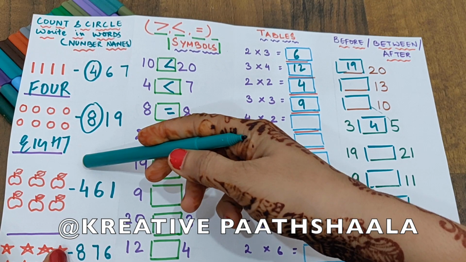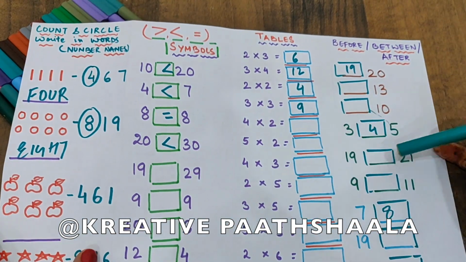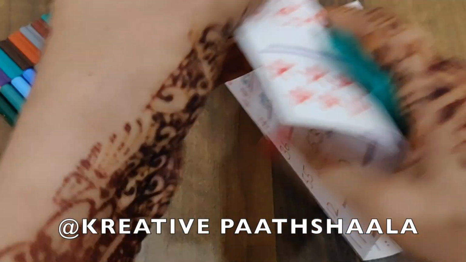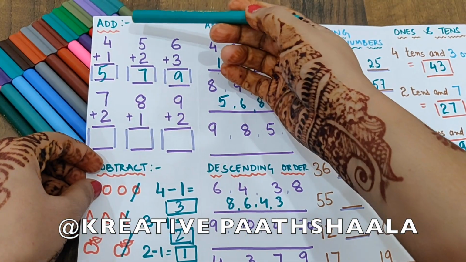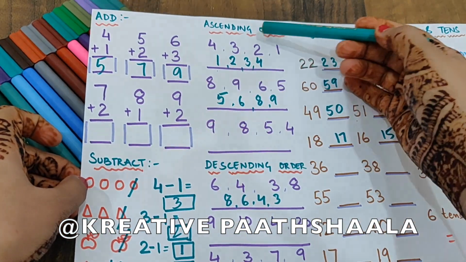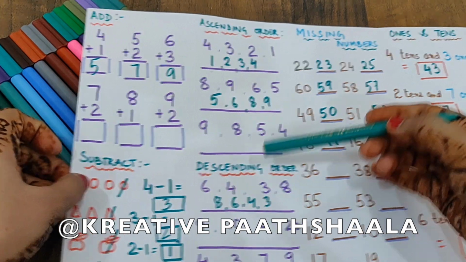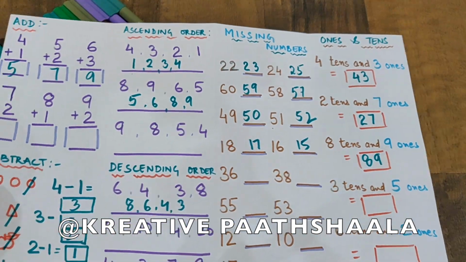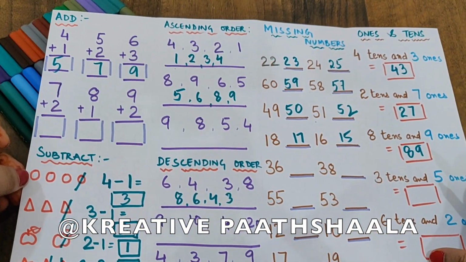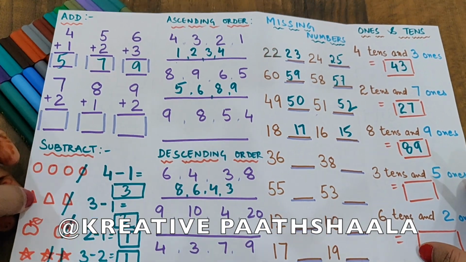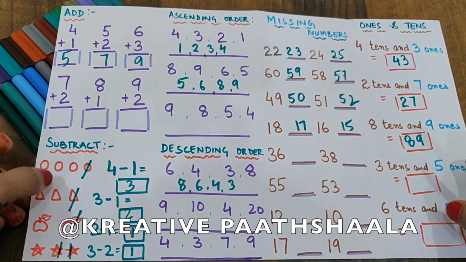It's like 1, 2, 3, 4, 5, 6, 7, 8, 9 and 10. So actually this worksheet is a 10-in-1 worksheet, and I hope all of you got to know the same towards the end of the video.